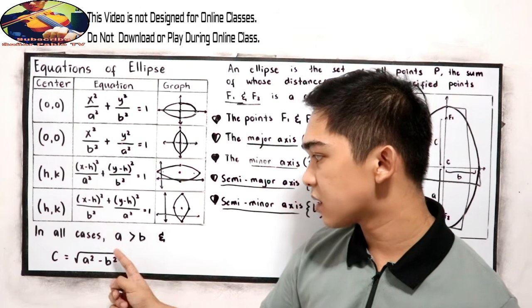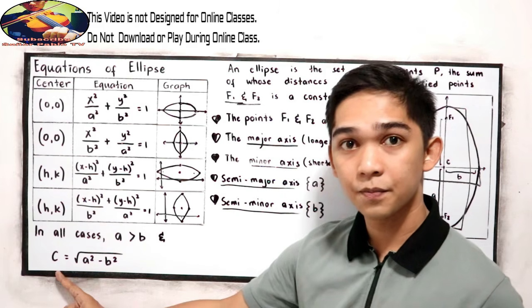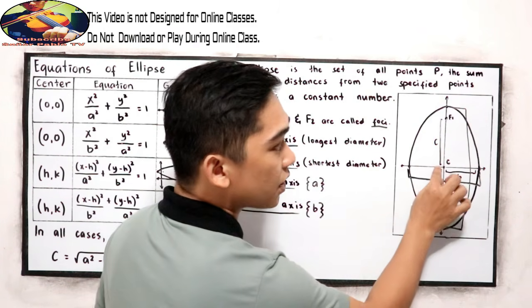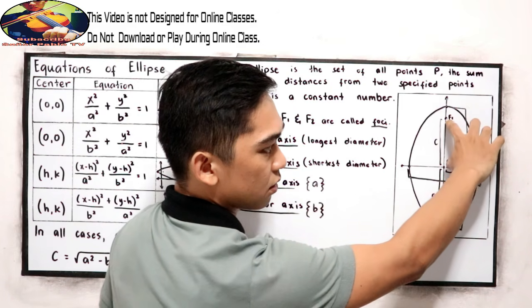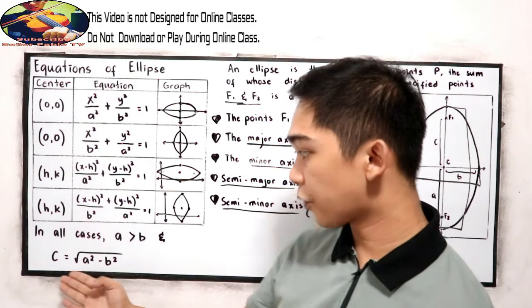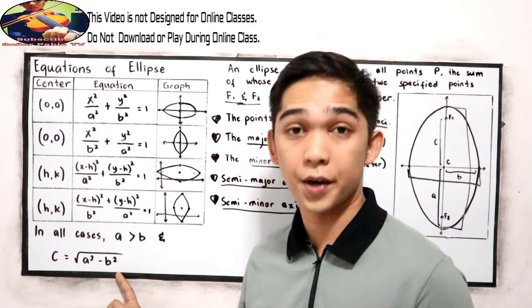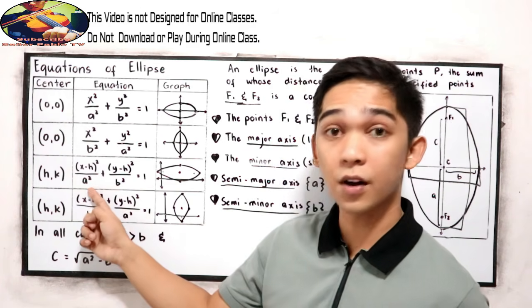Now, in all cases, A is greater than B, and we have the formula for C. What is C? C is the distance of the center going to the focus. And this is the formula. C is equal to square root of A squared minus B squared. So where is A? Depends on the graph.